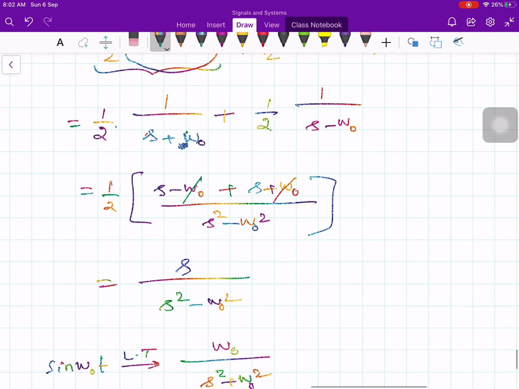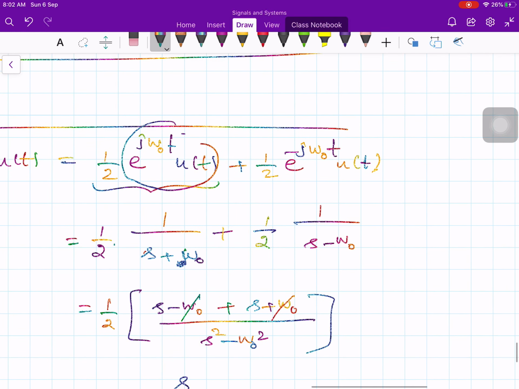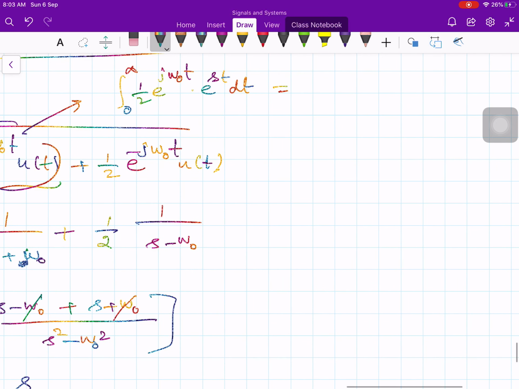If you take this one, then what will happen? 0 to infinity 1 half e to the j omega naught t times e to the minus st and dt, right? So if you work out this, then 1 by 2 integral of e to the minus of s minus j omega naught times t and dt.